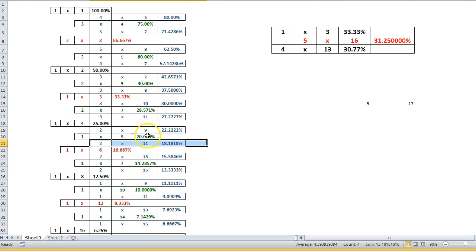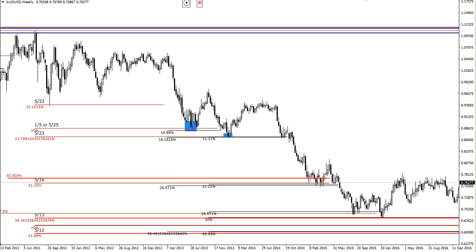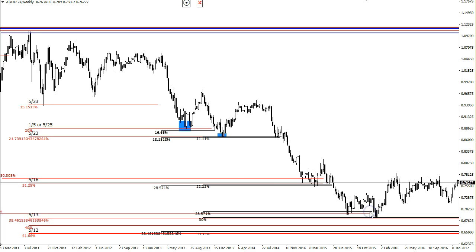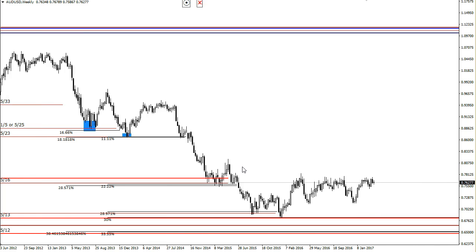Here you can see that 30 is 3 by 10, which is a halfway. So 30.30 is this level, and it should be watched in the future as well.